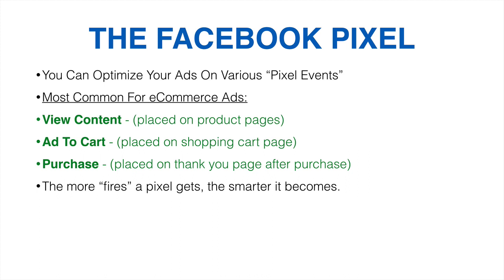And then you're going to have more people add a product to the cart than you are purchasing. So the view content optimized ads can increase in performance fairly quickly, because it's really easy to get a lot of data. The add to carts can build up fairly quickly as well, because a lot of people add to cart.